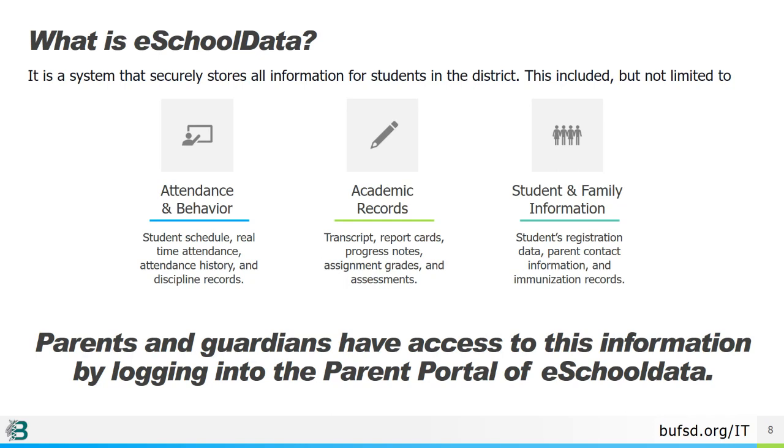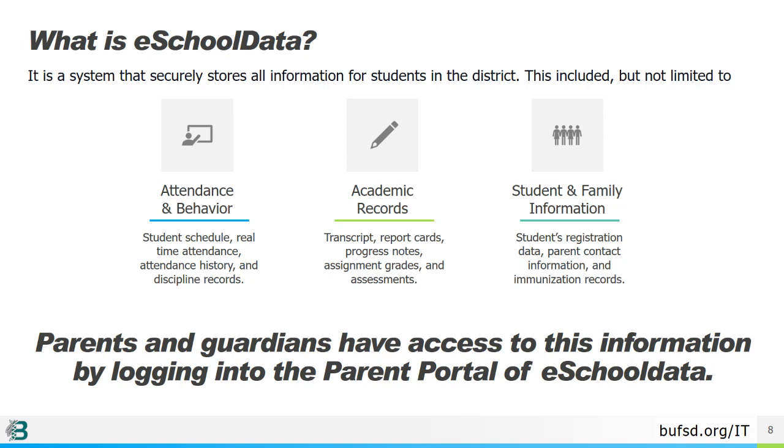It is the system that we use to securely store the information of all the students in the district. This includes behavior and attendance information, academic records, and student and family information. eSchool Data has the student schedule, real-time attendance information, as well as report cards and progress notices, contact information. Everything is available within eSchool Data.